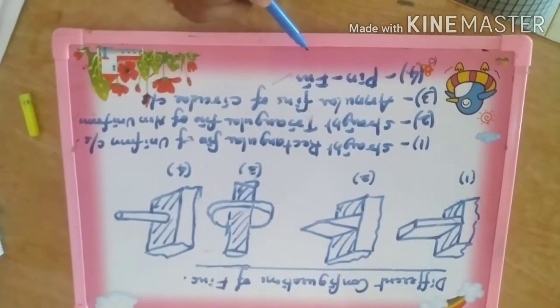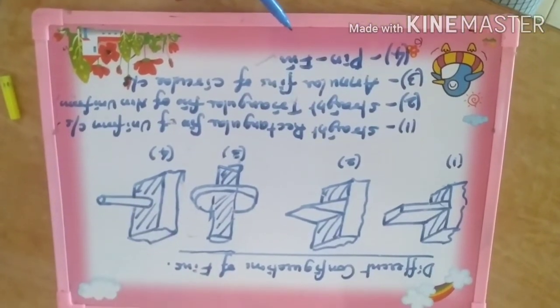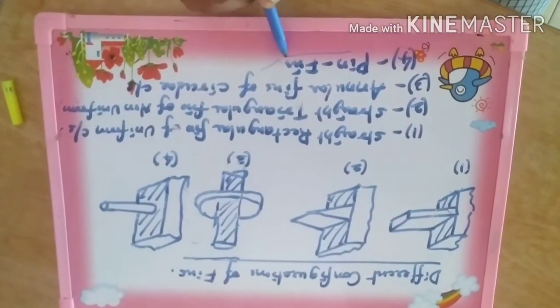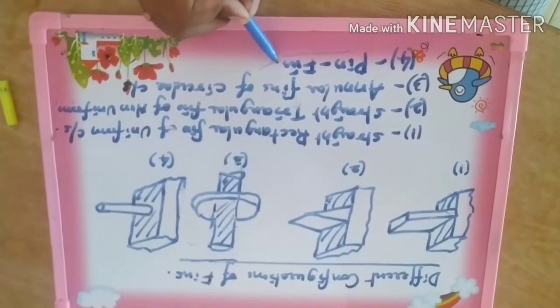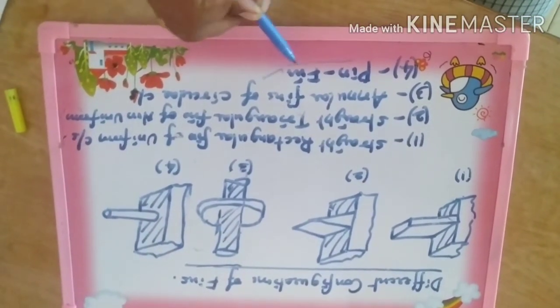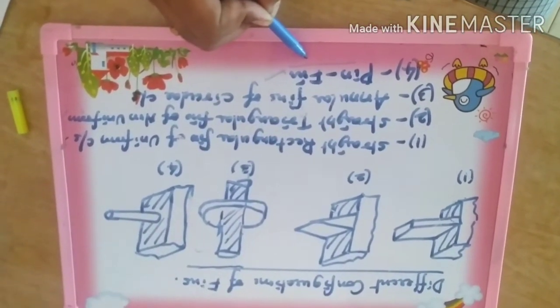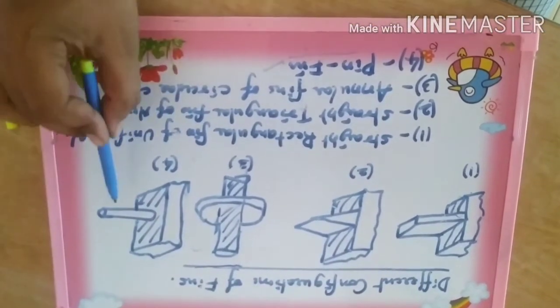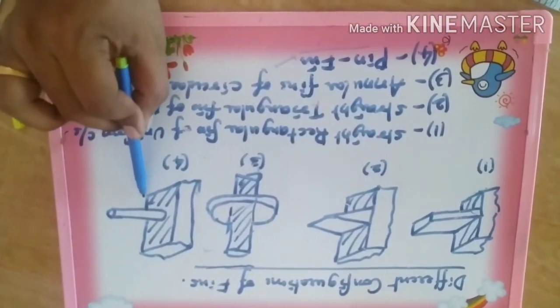In our lab, we have an experiment on such kinds of pin fins. There we will analyze a pin fin and study the performance of a given pin fin. So again, have a look at this fourth configuration.